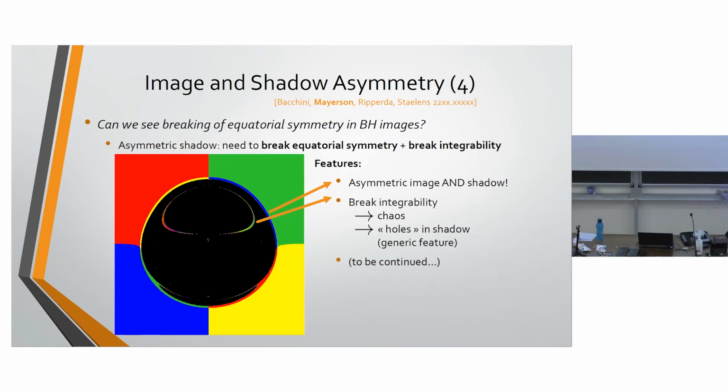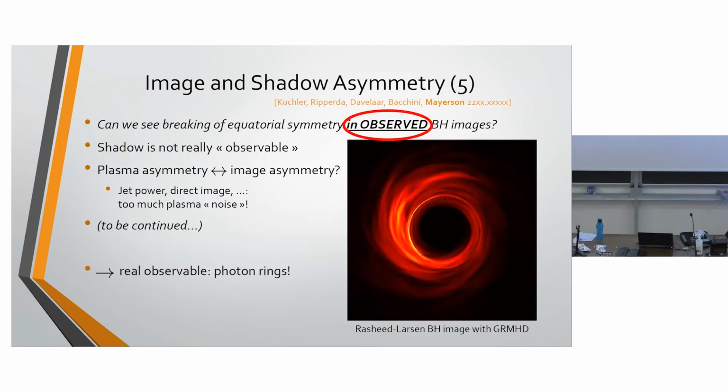However, the shadow is not a direct observable, right? As Paolo was hinting at, the shadow is not a direct observable. What we observe, of course, is the light that comes from our plasma, right? So the next question to ask is, okay, I understand a little bit about the theory. What about if I now really think about the observed images?